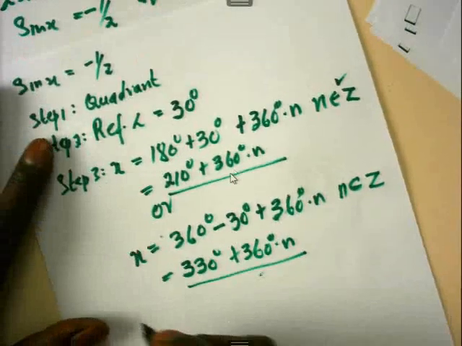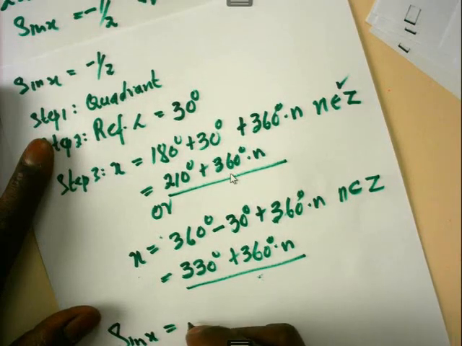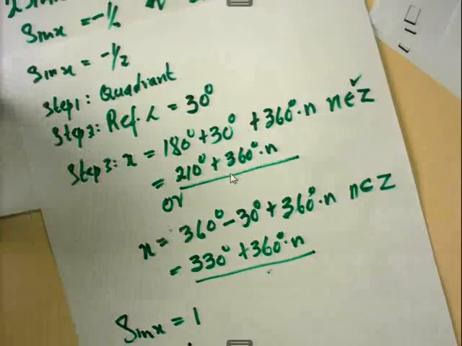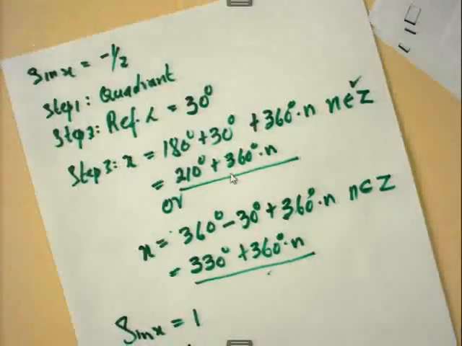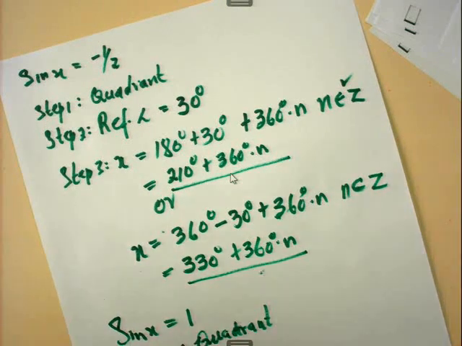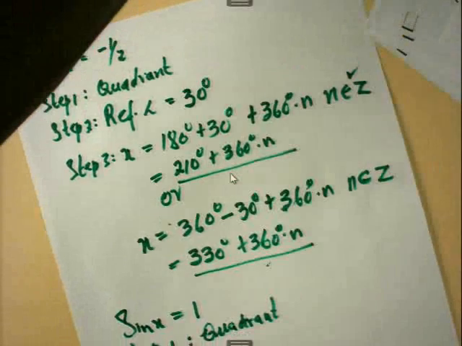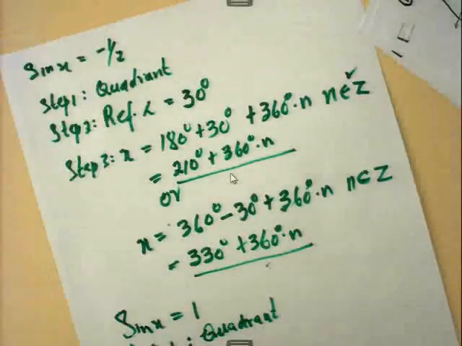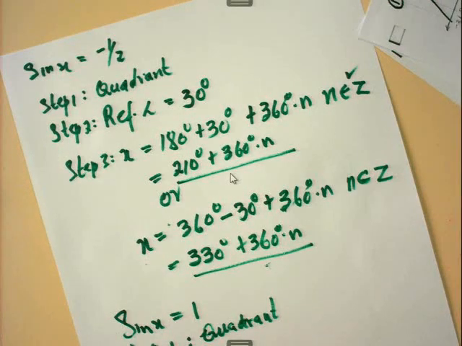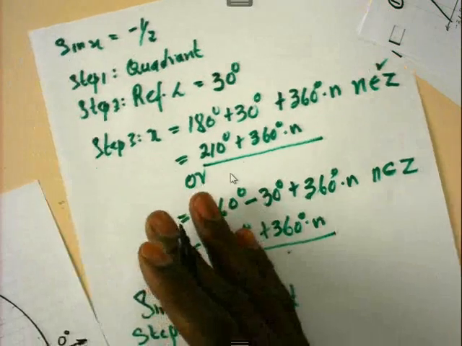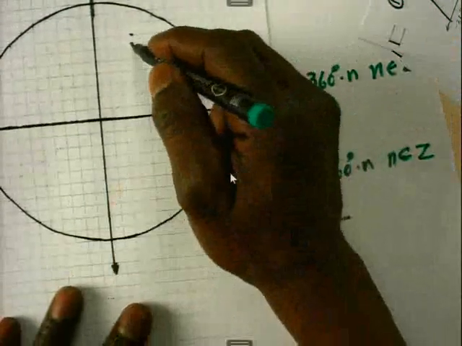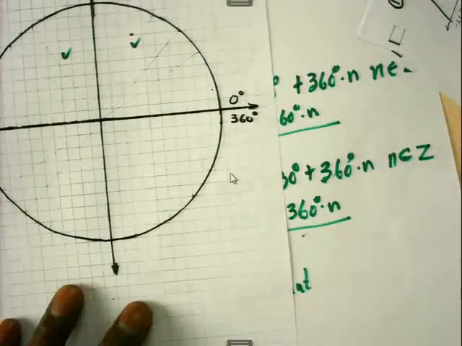So for sine x equals 1, step 1, we've got to find out the quadrant. This seems to be a funny problem. The ratio is positive. Now, in which quadrants is the sine positive? That must be in the first and the second quadrant.